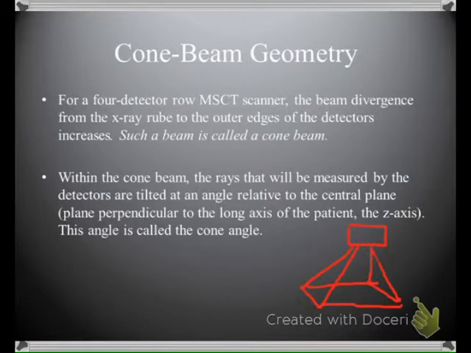As you can see, it kind of has a pyramid shape, and that's what we call a cone. And so the more rows of detectors you have, the larger the cone is going to be, and the greater the angle. It's going to keep stretching and stretching until it hits multiple detectors.